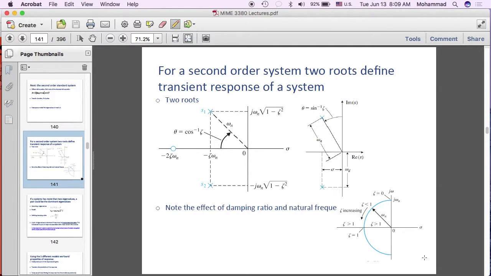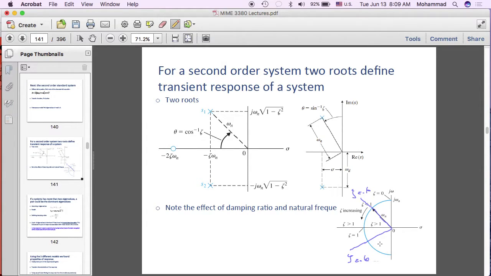So on this plot, if this is 0, there would be a specific point on this plot that would be associated with 0.6. So let's assume this is 0.6, zeta equals 0.6. There is also the symmetrical line here, also for zeta 0.6.